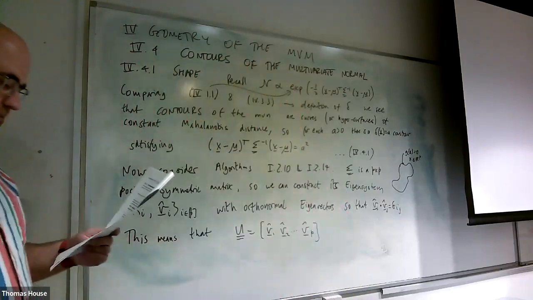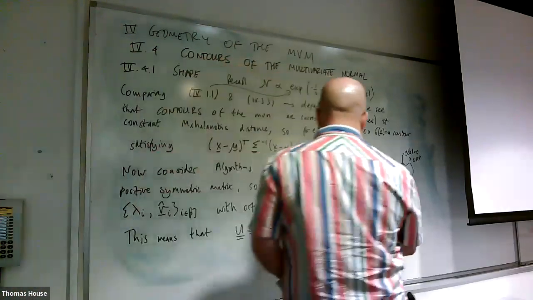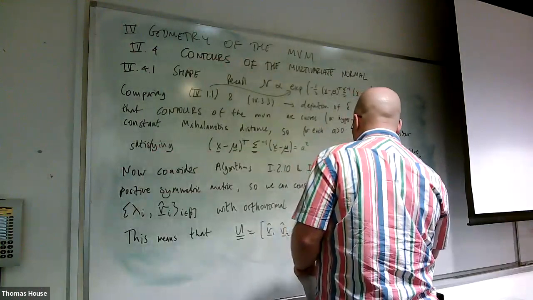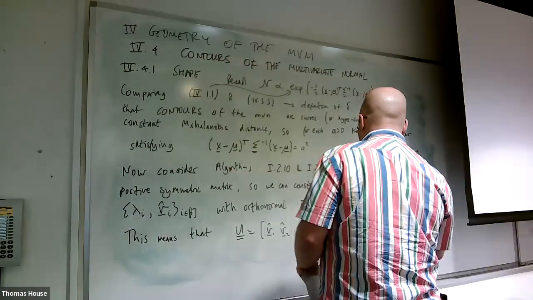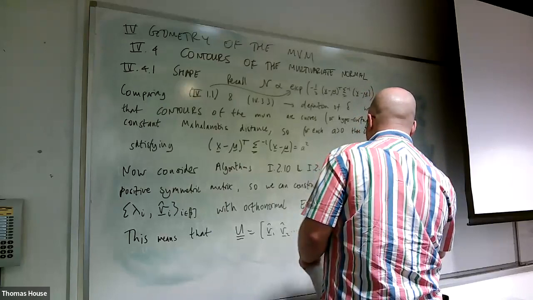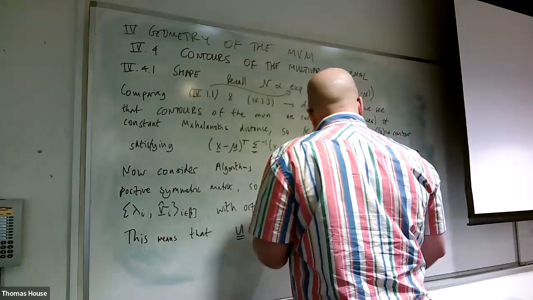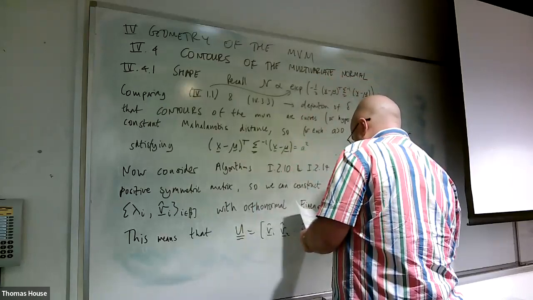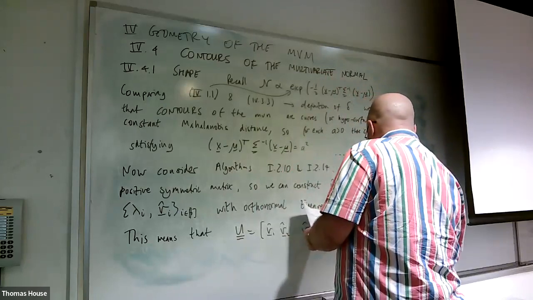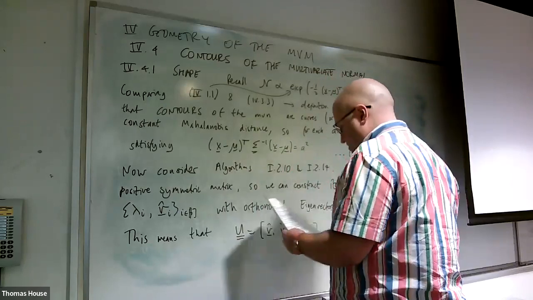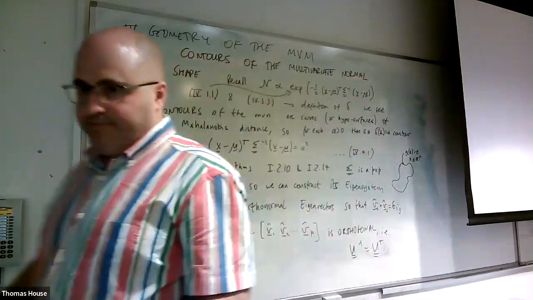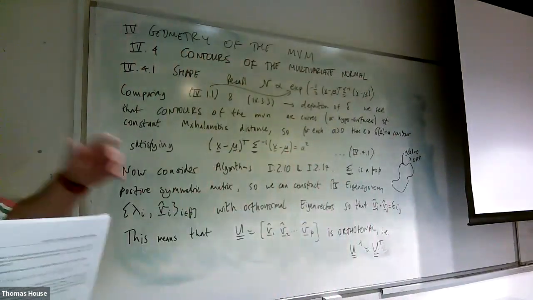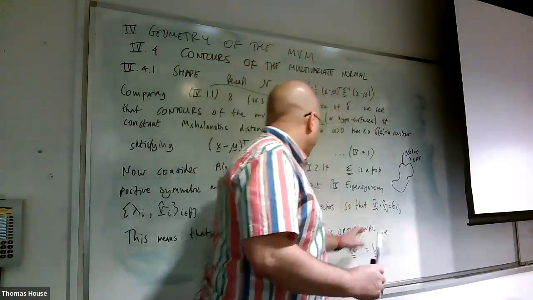Yes, this is a p by p matrix, is what's called orthogonal, i.e. U inverse is equal to U transpose, right? And if you think about it, this condition here guarantees that.